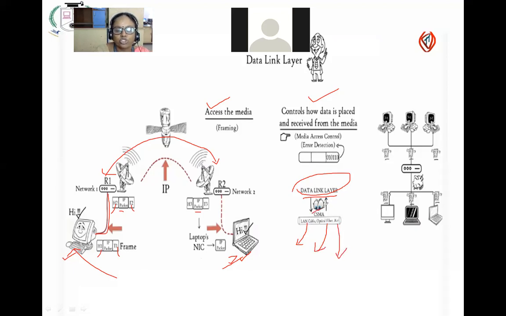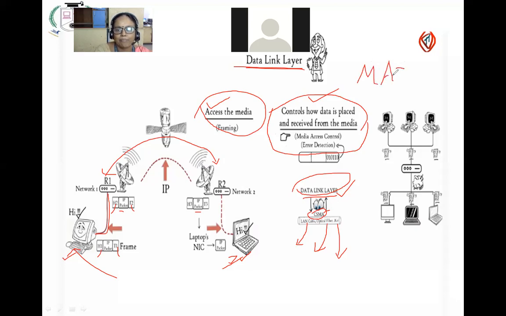We used to say CSMA, carrier sense multiple access. Through that, it will always check, so it is responsible for accessing the media, and the next responsibility is how the data is placed and received from the media. That's why in this data link layer, we always include the MAC address, media access control address.